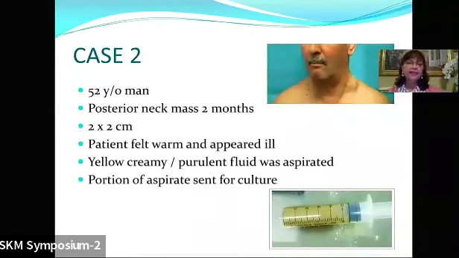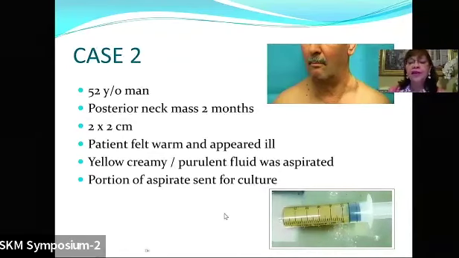The next case, a 52-year-old man presents with a posterior neck mass for 2 months, about 2 cm. The patient felt warm and didn't look well. The aspirate was performed and yellow, creamy, purulent fluid was aspirated.